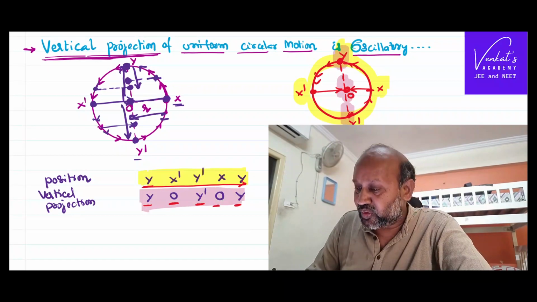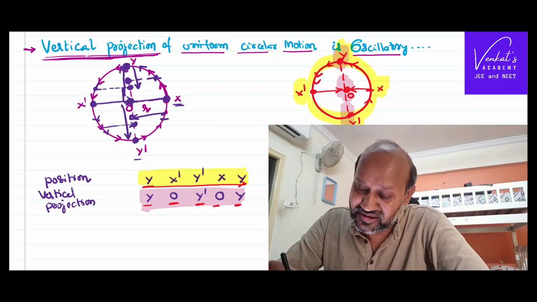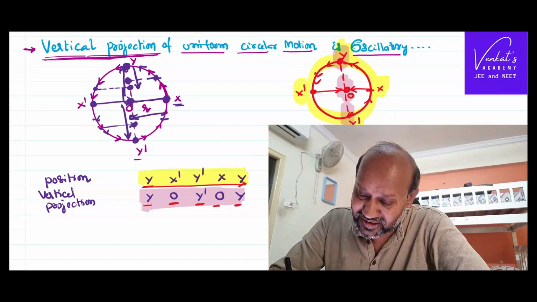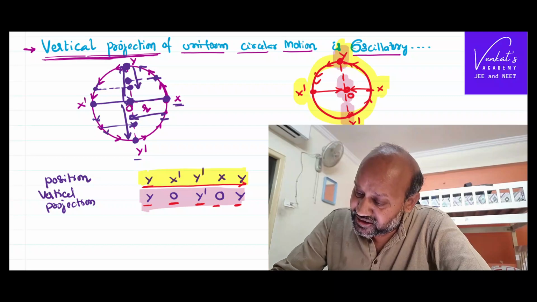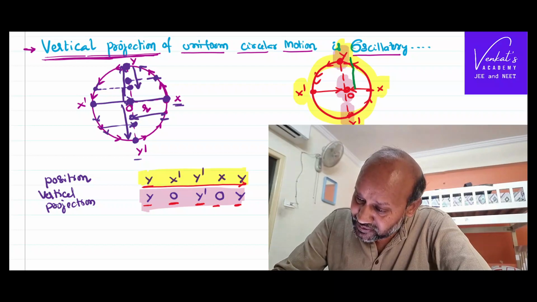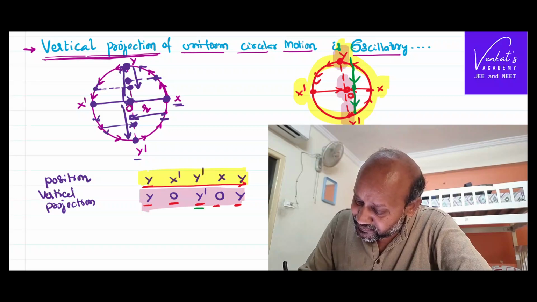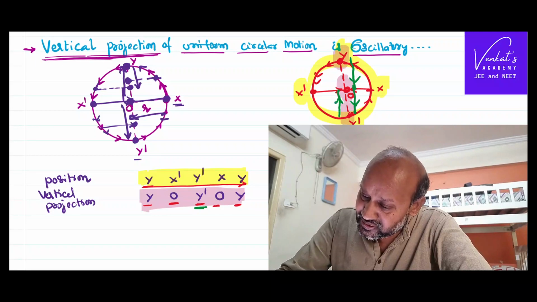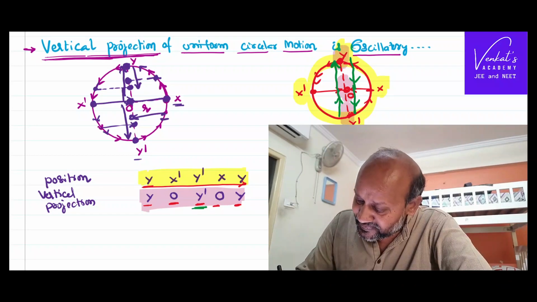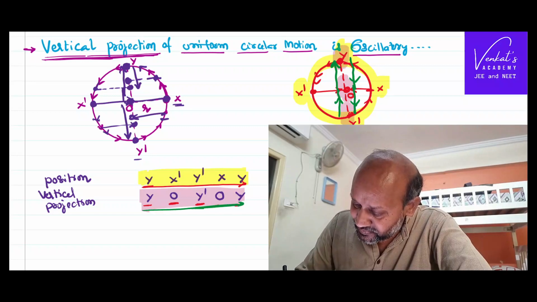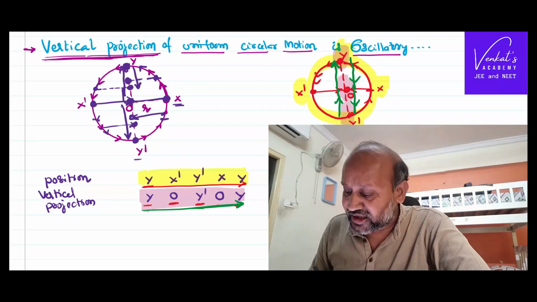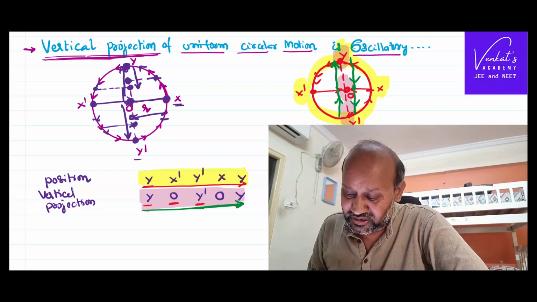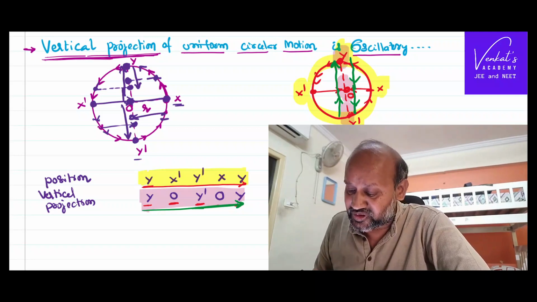So what is the movement of the vertical projection? I want you to notice that more carefully. The vertical projection has started at y, gone to origin, gone to y dash here, and then back to origin, back to y. See how the vertical projection has moved with respect to circular motion.